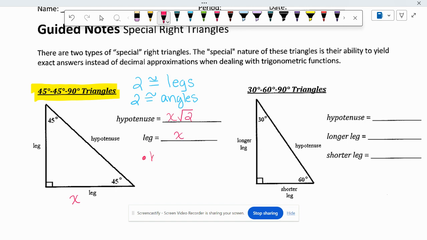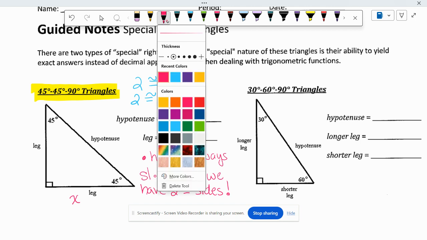I remember that the hypotenuse is always the short leg times the square root of 2 because we have 2 congruent sides, or you can think of it as 2 congruent angles.